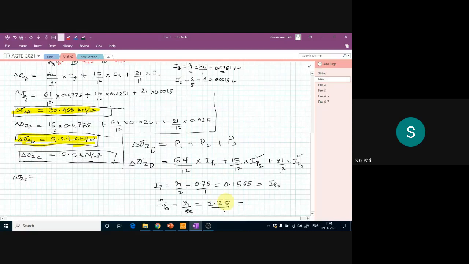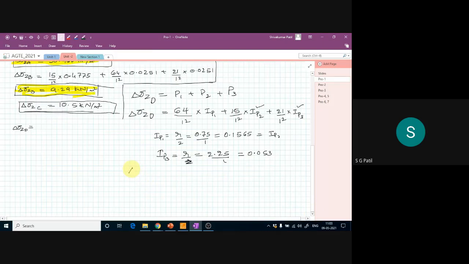So 0.053. Now tell me the answer, delta sigma Z at point D. 64 by 1 square into 0.1565, plus 15 kilonewton divided by Z square into IP2, which is 0.1565, plus the third load, 21 kilonewton divided by Z square into the influence factor 0.053.